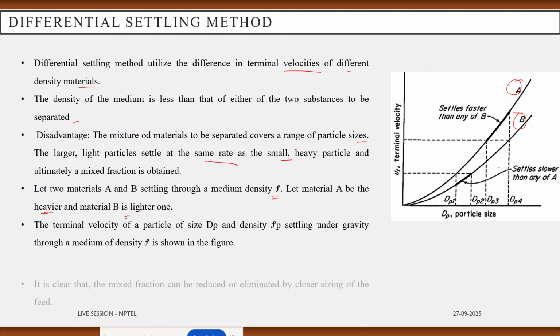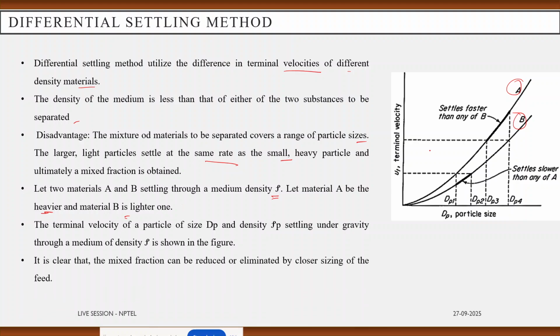So here we can see that the mixed fraction can be reduced or eliminated if we do closer sizing of the feed.